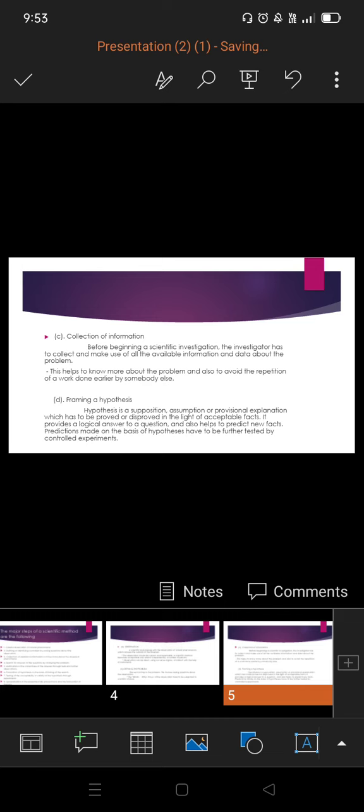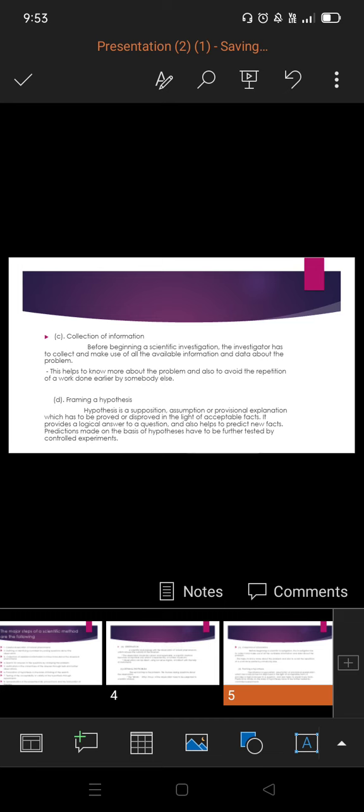So, we assume that deficiency of soil nitrogen might be the cause of poor yield. Now, we generalize this assumption and hold that soil nitrogen is essential for rich crop. This is the hypothesis. Then acceptability of the hypothesis has to be verified and established through scientific testing.